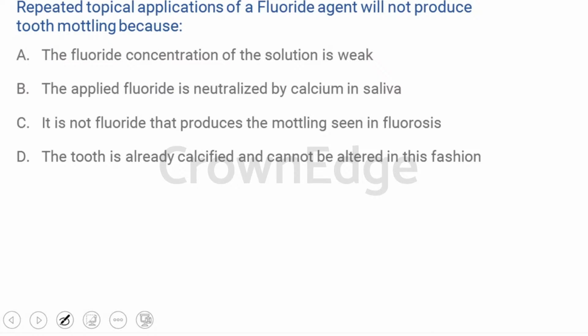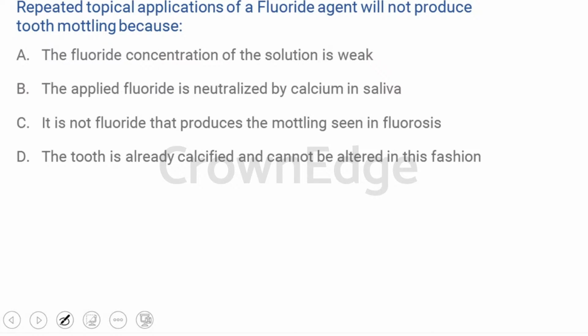Now let me explain to you why. Topical fluoride is of two types. One is done by the dentist in the office, and the other is self-care, where the patient does self-application of fluoride. If you see, in topical fluoride, the amount of fluoride that you will be delivering is higher than what you would give in a systemic way.